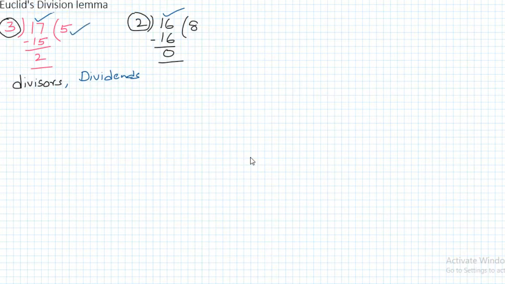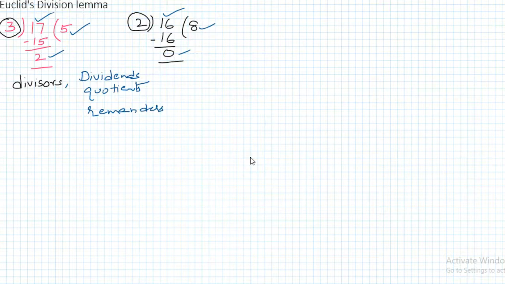This 5 and here this 8 are called quotients. And finally here this 2 and here it is 0 are called remainders.